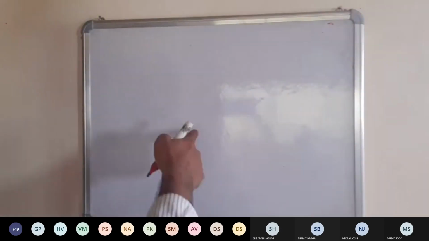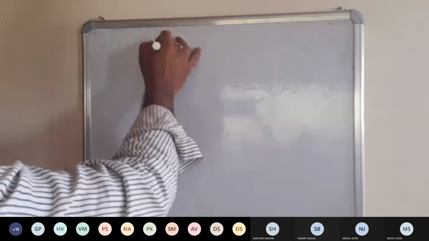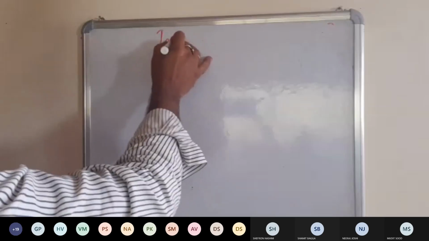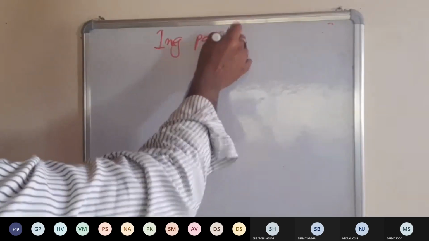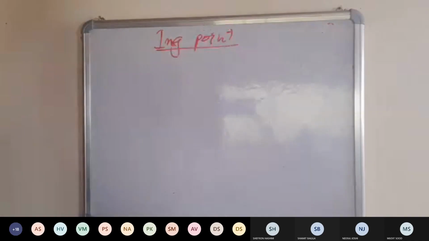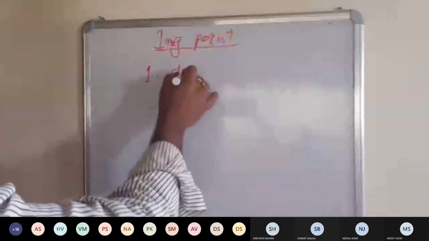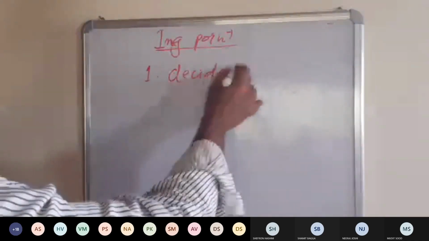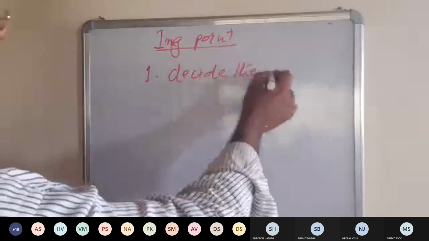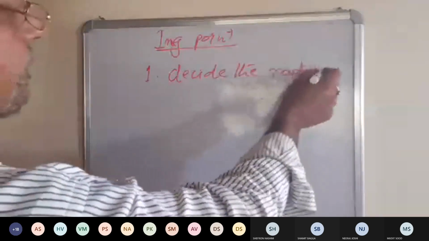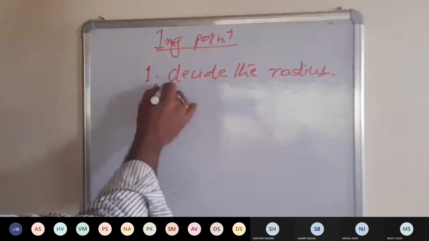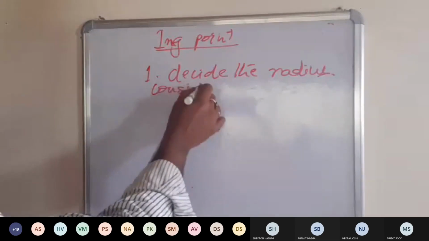So what we did in second type of planning, imaginary point पे, इसके केस में हमने क्या किया? Number 1, decide the radius considering what factors?